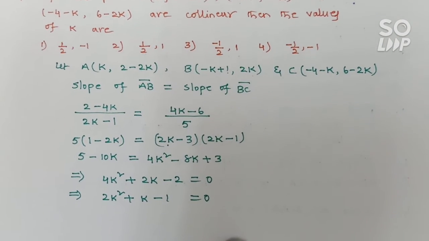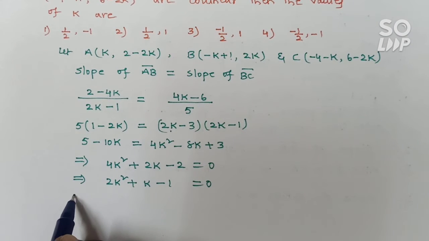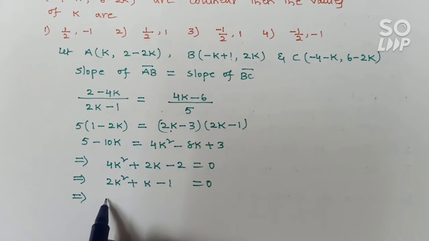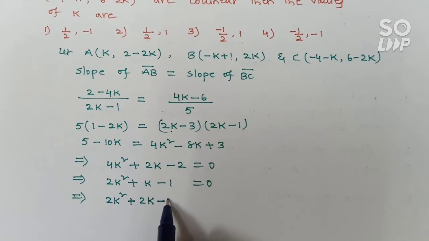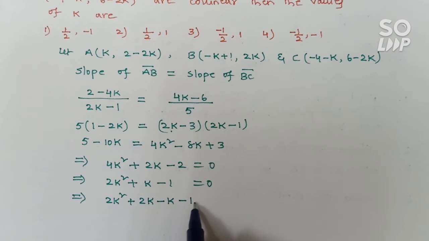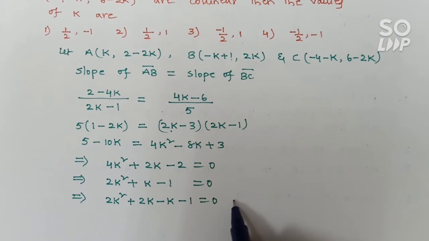This is in the form of a quadratic expression. What are the factors of this? This is 2k square plus 2k minus k minus 1 equals 0.